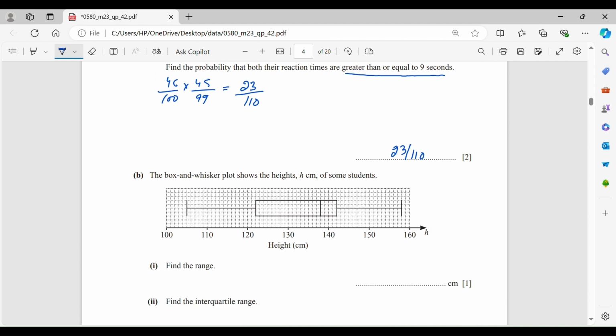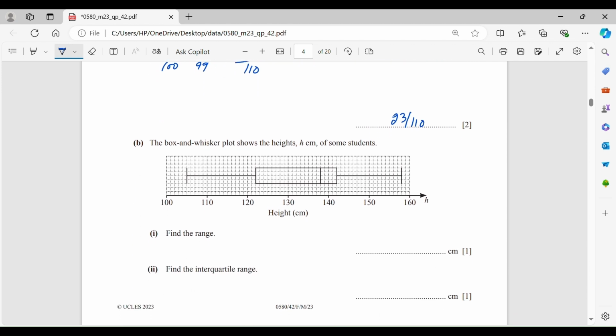Next, B part. The box and whisker plot shows the heights of some students. Find the range. Range will be highest minus lowest.